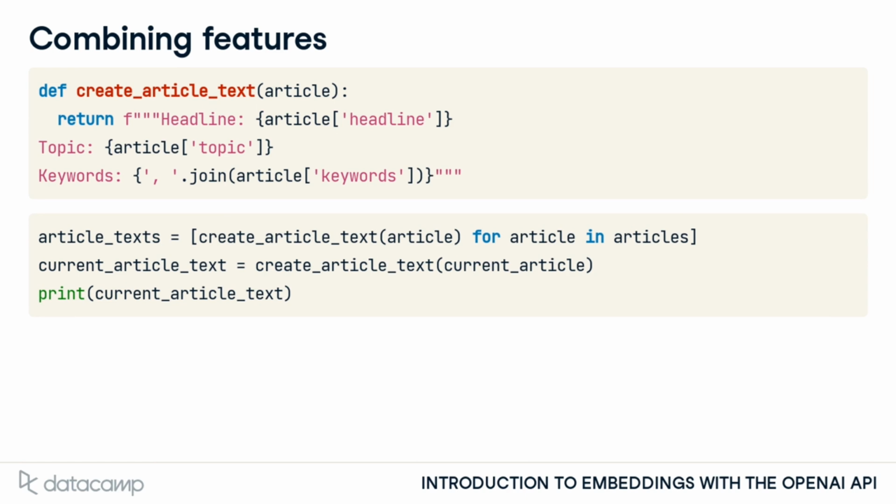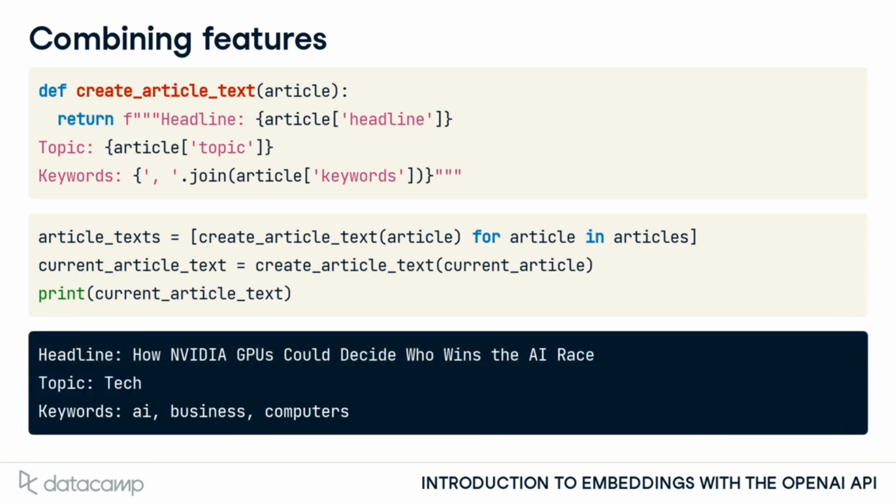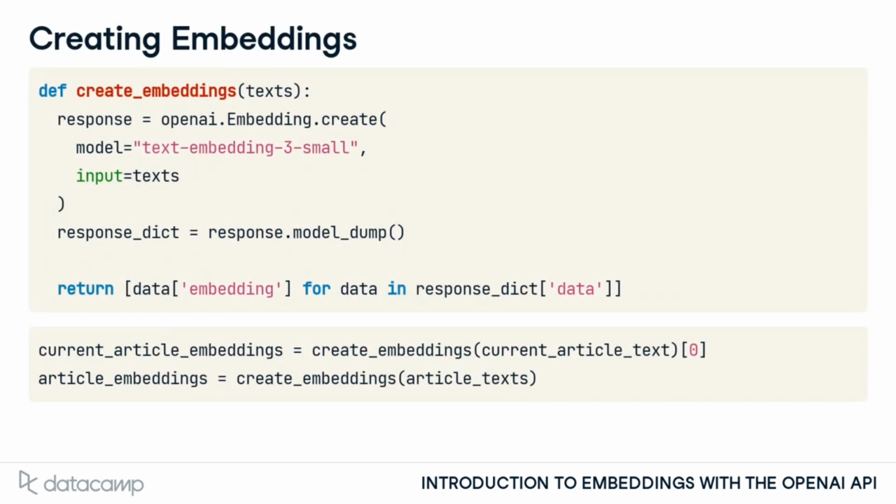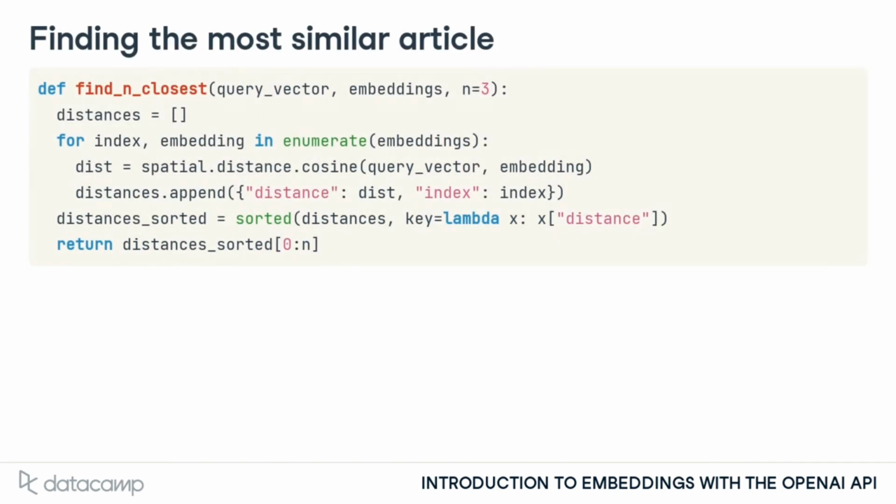To combine the features, we call the function on each article in articles using a list comprehension and do the same for the current article. By printing, you can see that the function correctly formatted the current article's information. Next, we embed both sets of article strings using the createEmbeddings function from earlier, which allows us to create requests to the OpenAI embedding model in a more repeatable way.